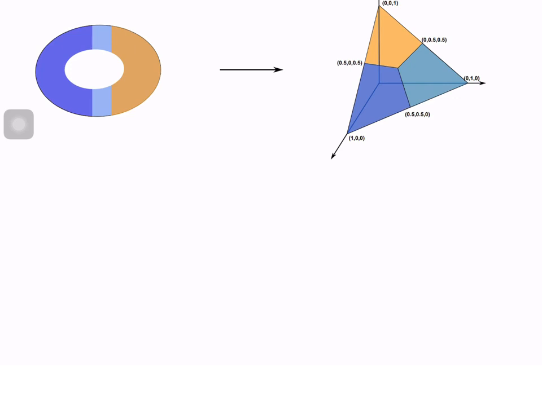So if you are given a data set that looks like this, let's say this is the annulus with maybe 3 labels, then what the neural network is trying to do, if you restrict its codomain to the simplex with 3 vertices, is map this region over here to this one, this light blue region to this one, and this region here to this one.